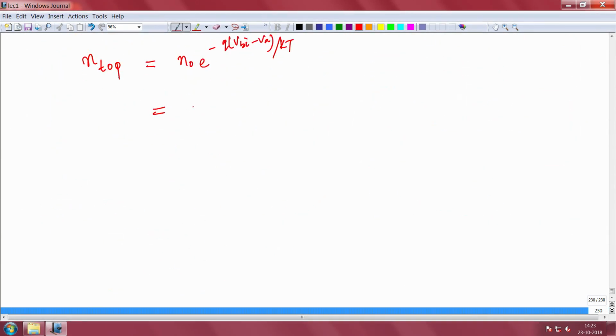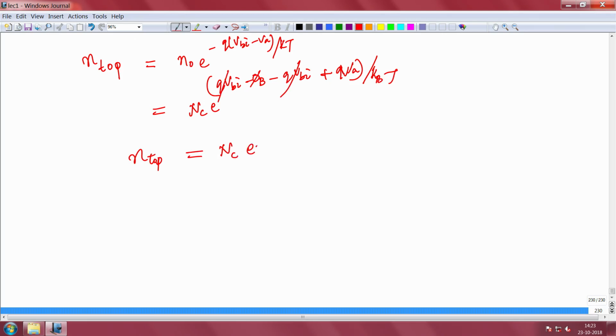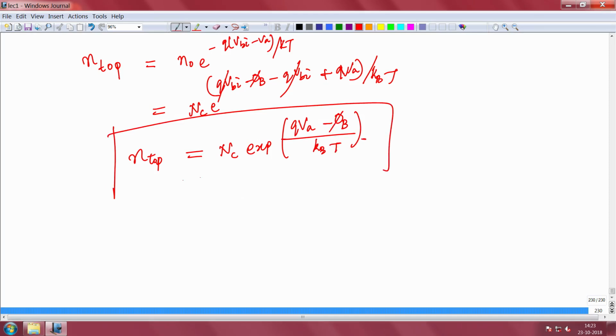So I can write N_c e to the power of (qV_bi minus phi_b) by kT, and I will add this up also, minus qV_bi plus qV_A by kT. So this will go away. Your n_top, the electron concentration at the top, will be N_c exponential of (qV_A minus phi_b) by k_B T. So this is your electron concentration at the top.